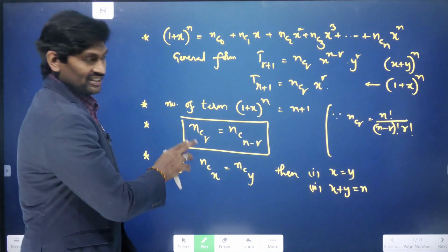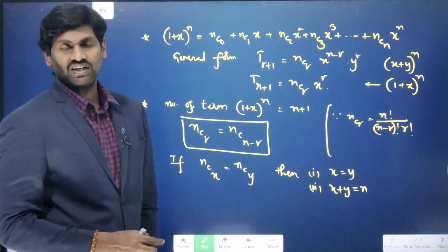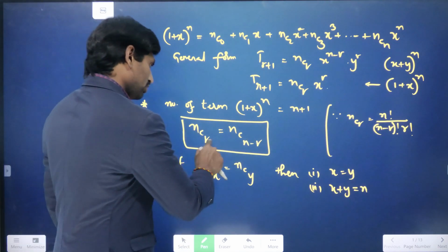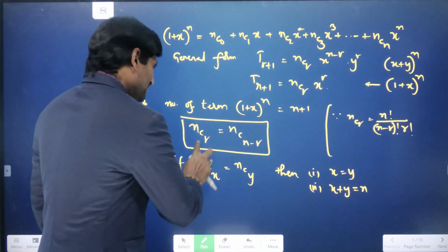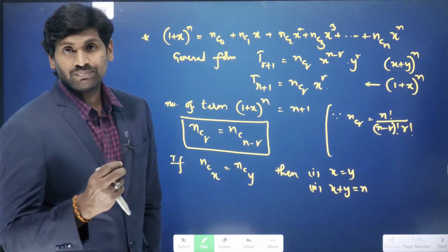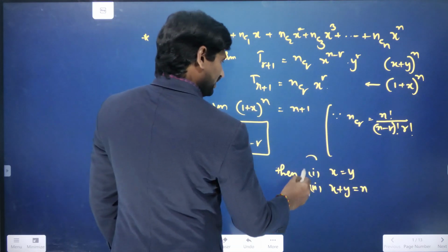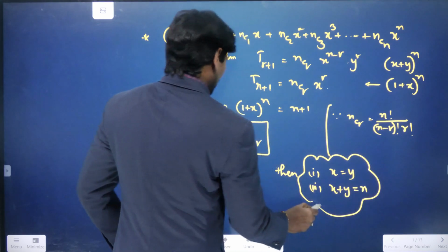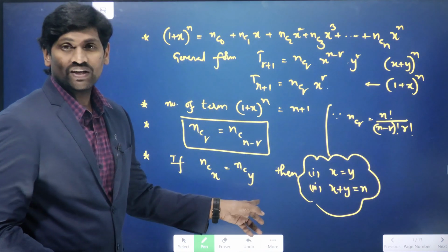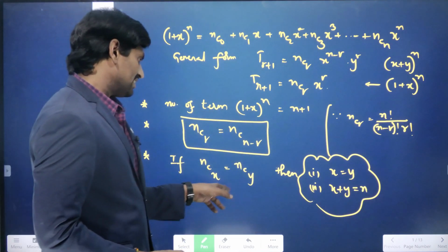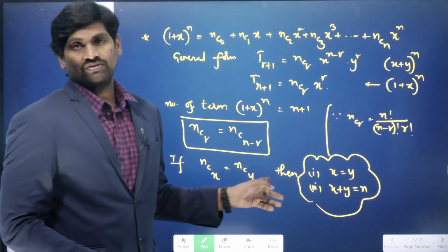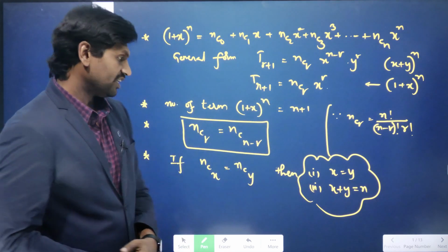From the same condition, nCr equals nC(n minus r), either they both must be equal or the sum of them must equal its power, nothing but n. So this is very, very important. If nCx equals nCy, we have to understand that x equals y or x plus y equals n, its highest power.